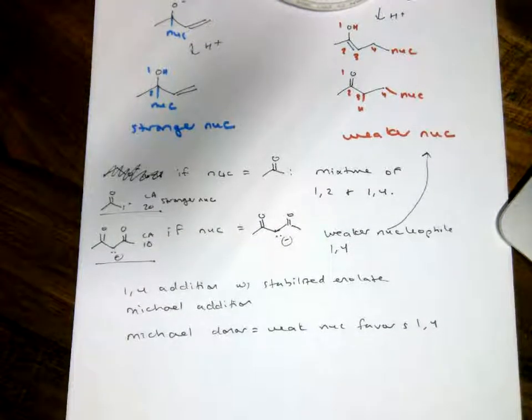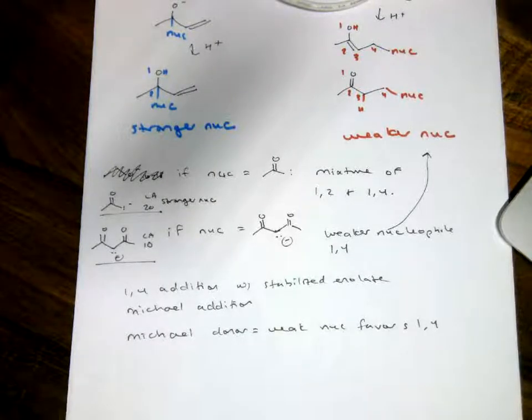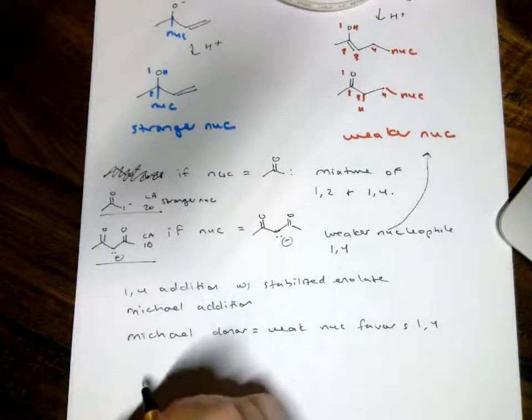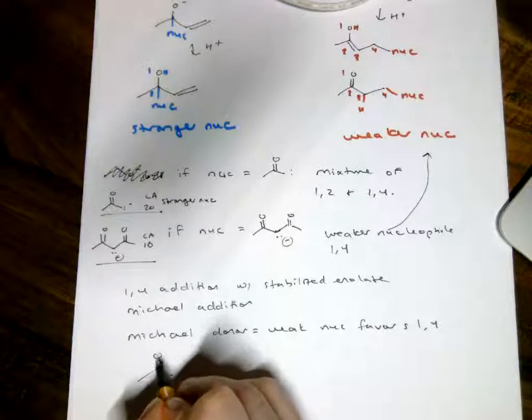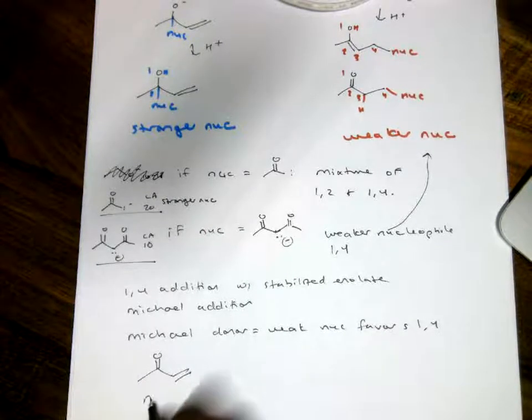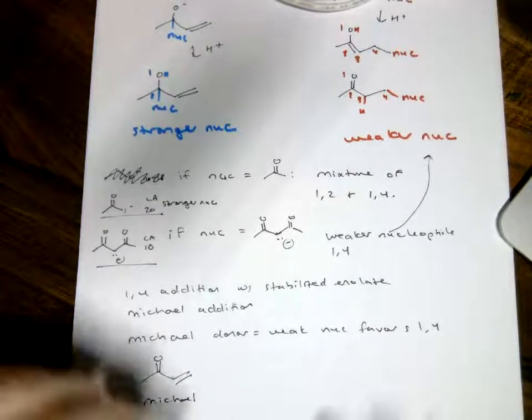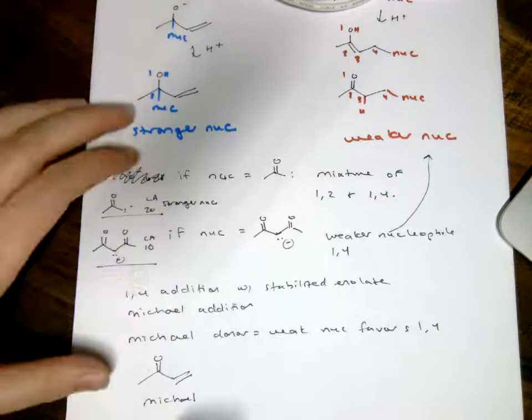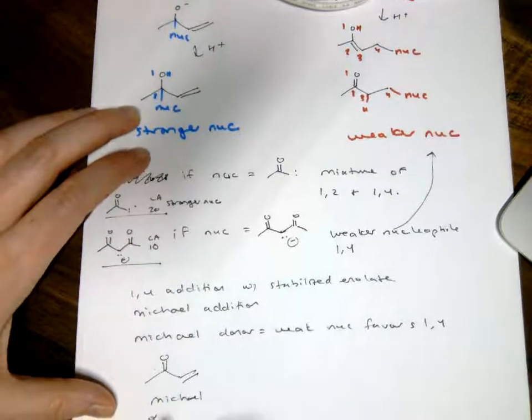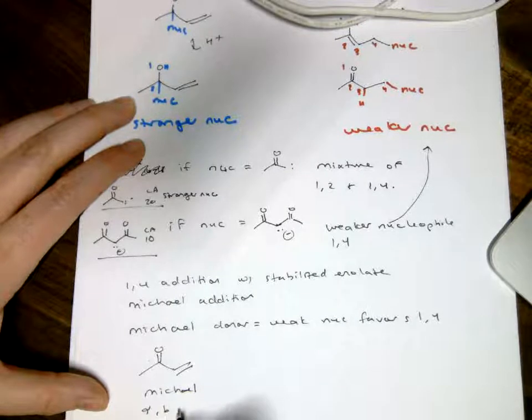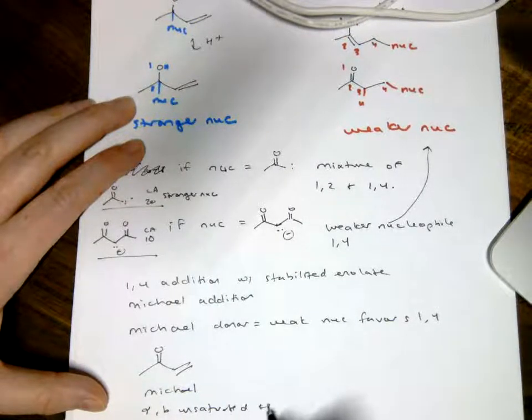And a Michael acceptor is essentially just the ketone that gets attacked, the alpha beta unsaturated ketone. So this would be a Michael acceptor, basically anything that is eligible for a 1,2 or 1,4 addition, the alpha beta unsaturated ketone.